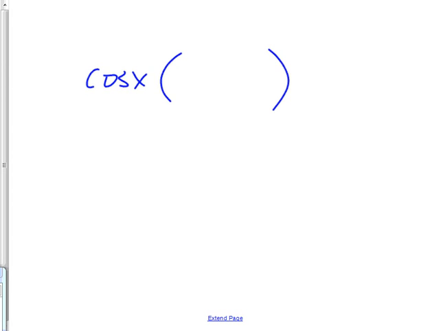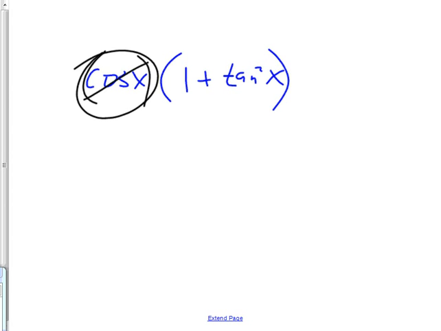It says cosine x, and it says 1 plus tangent squared x. What you should be thinking when you see this is, what are my options for this? Like cosine. You could yoink that out and put in a couple different things. If you wanted to take out cosine, what could you put in instead?